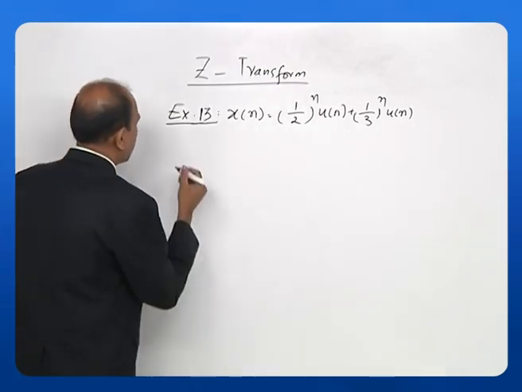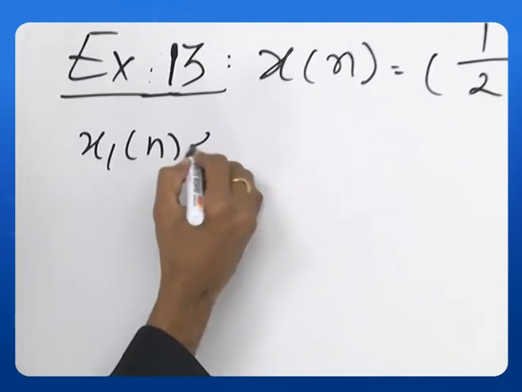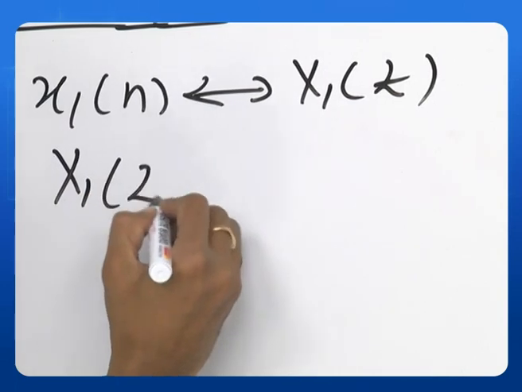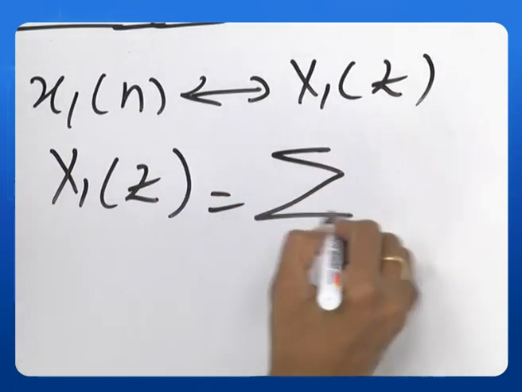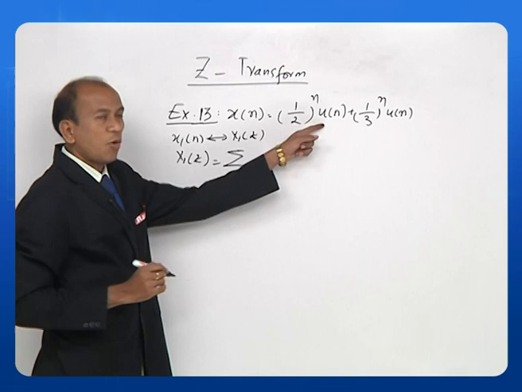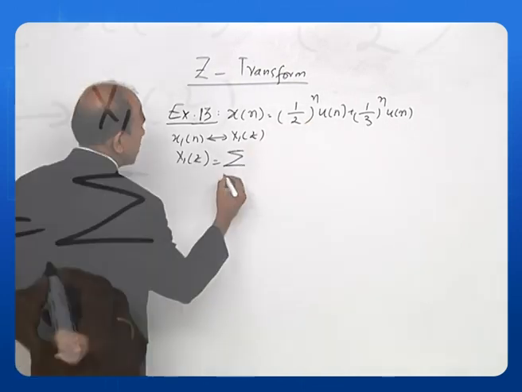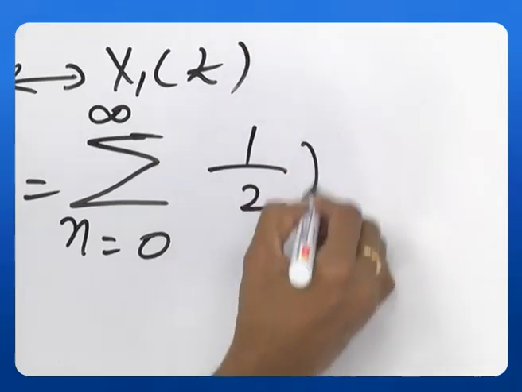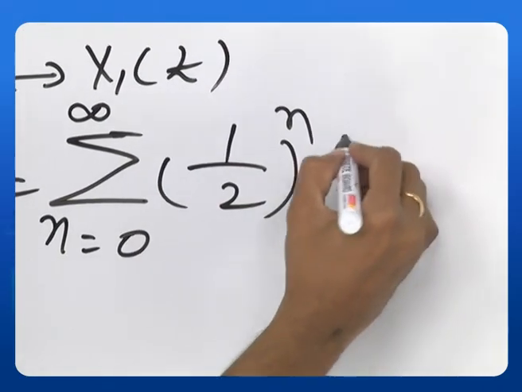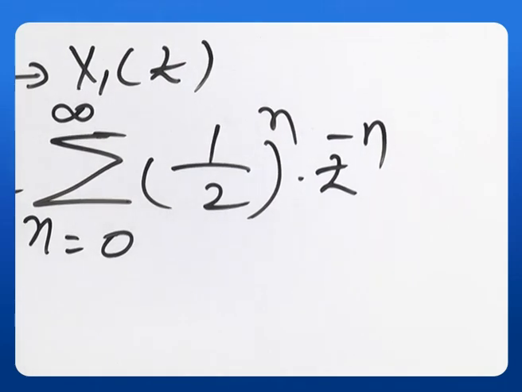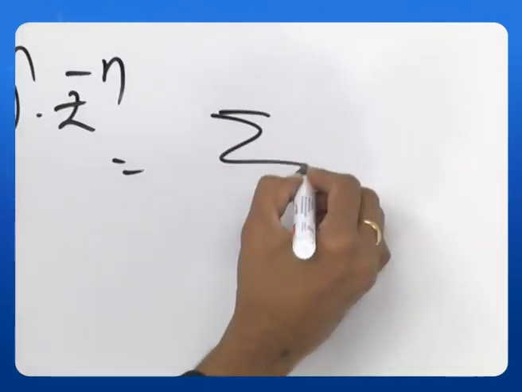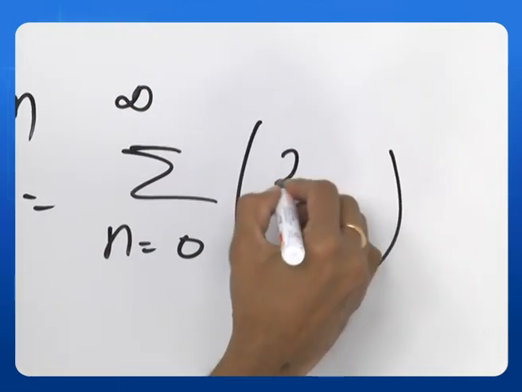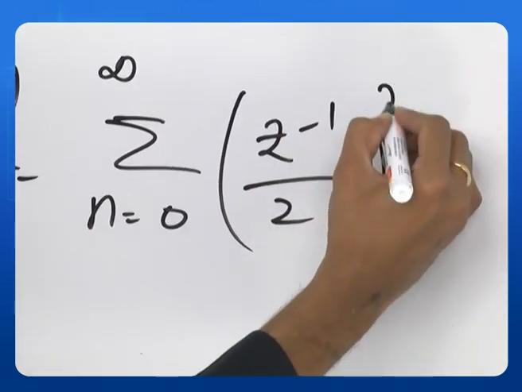So, let us take first x1 of n, and assume that this has a z transform of x1 of z. So, x1 of z is equal to summation, okay, this is u of n, so it exists from 0 to infinity. So, this is n equal to 0 to infinity, half to the power of n, z to the power of minus n. So, I can write this as summation n equal to 0 to infinity, half z to the power of minus 1, to the power of n.